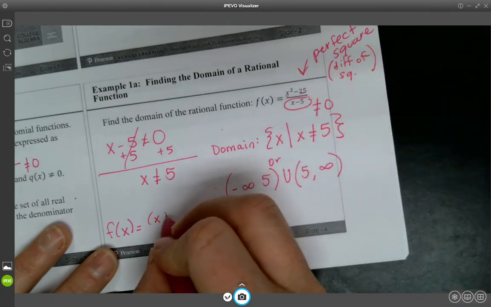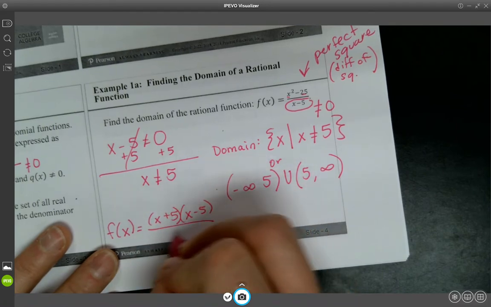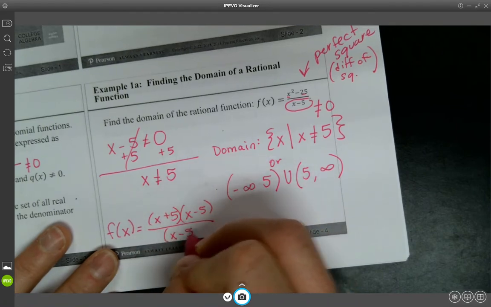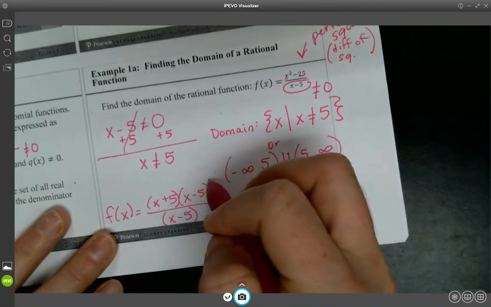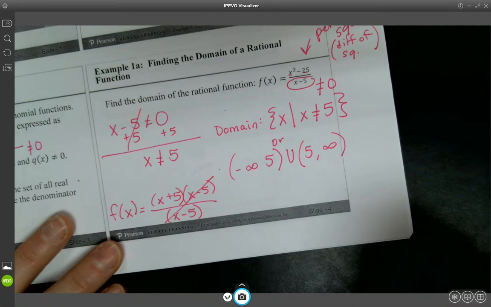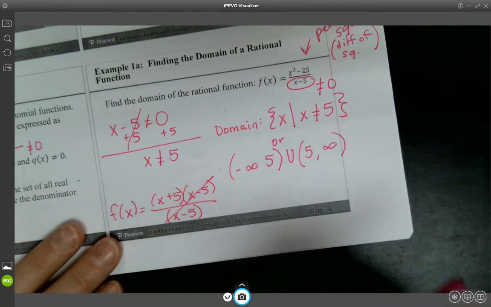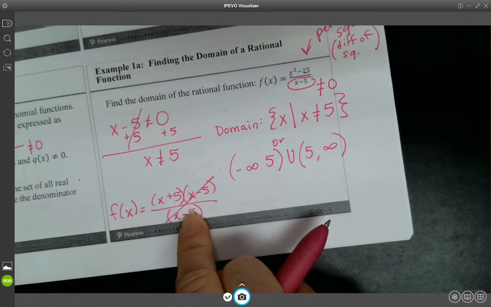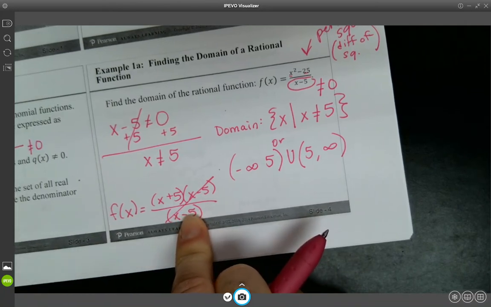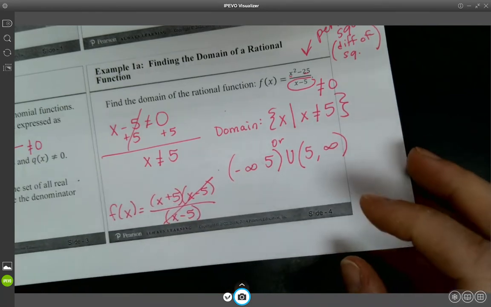So that would be x plus 5, x minus 5, and then you have the x minus 5, and then they end up simplifying out. But you still have to do your domain restrictions even if you can simplify it out, because if x is 5, we still get a 0 on the denominator.